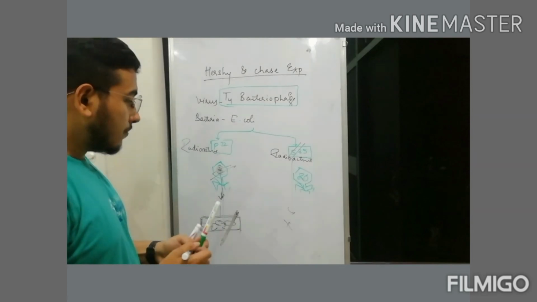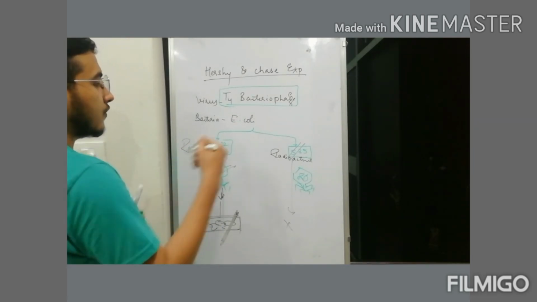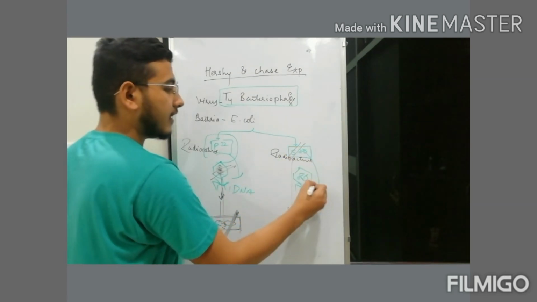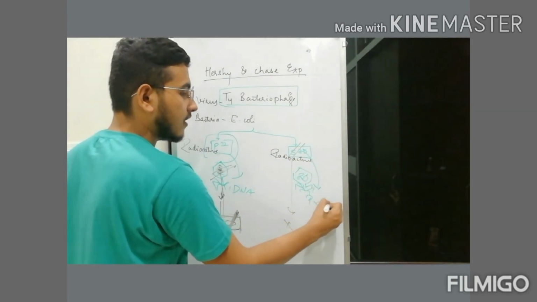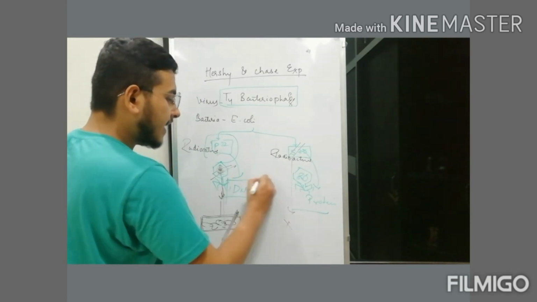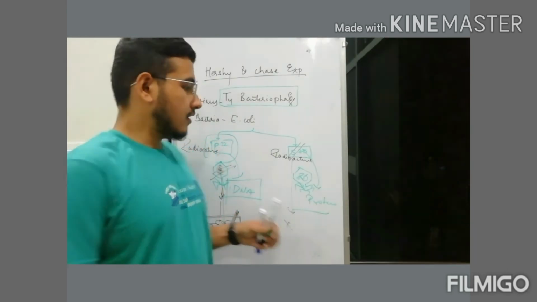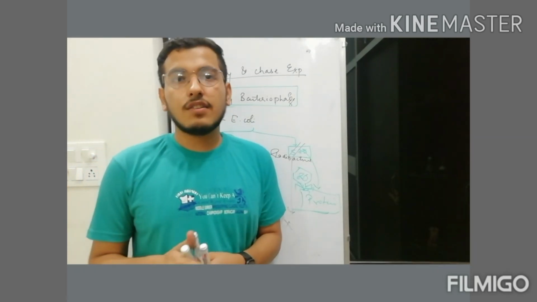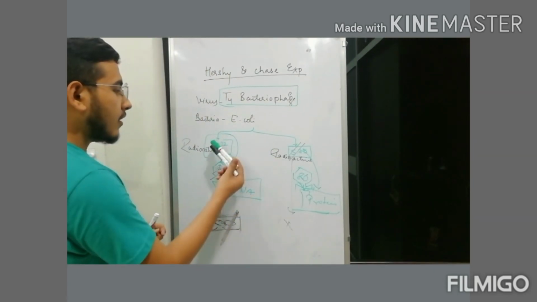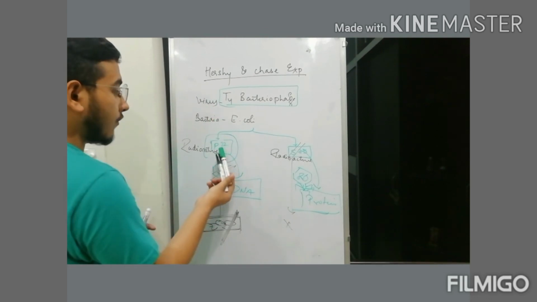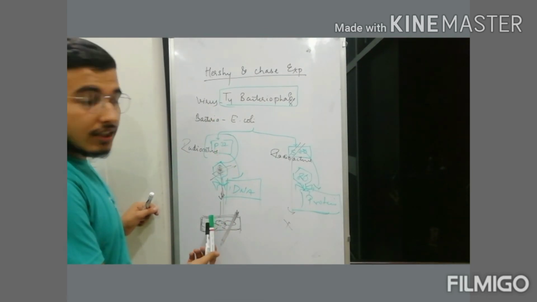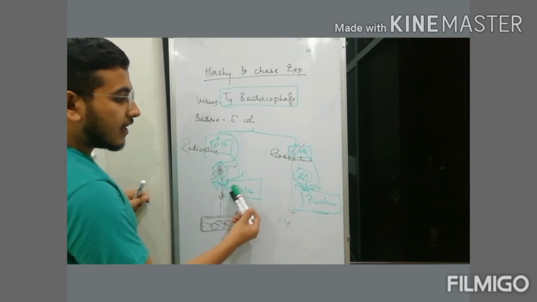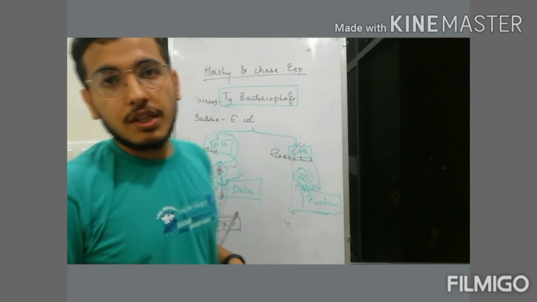This confirmed that phosphorus is present in DNA and sulfur is present in protein, so DNA is getting transferred, not the proteins. Hershey and Chase concluded that because radioactive phosphorus was seen in the next generation in the DNA, but not S35, DNA was getting transferred, not the proteins.